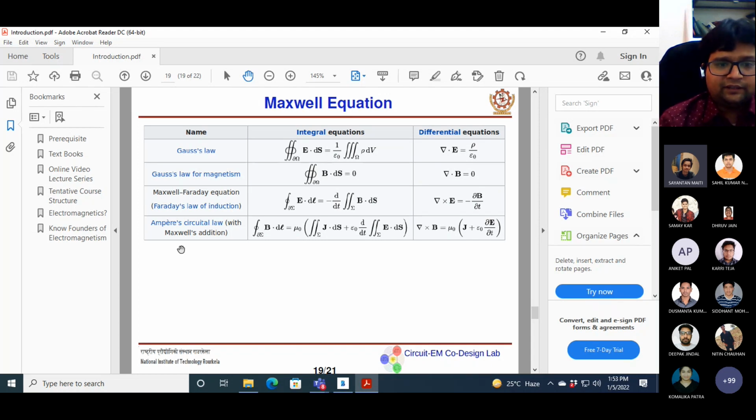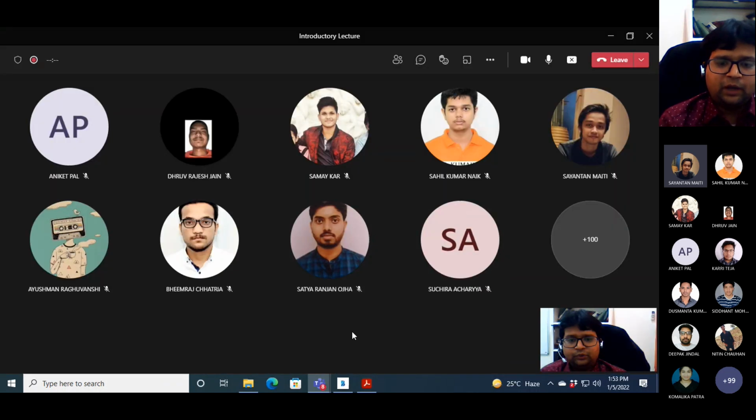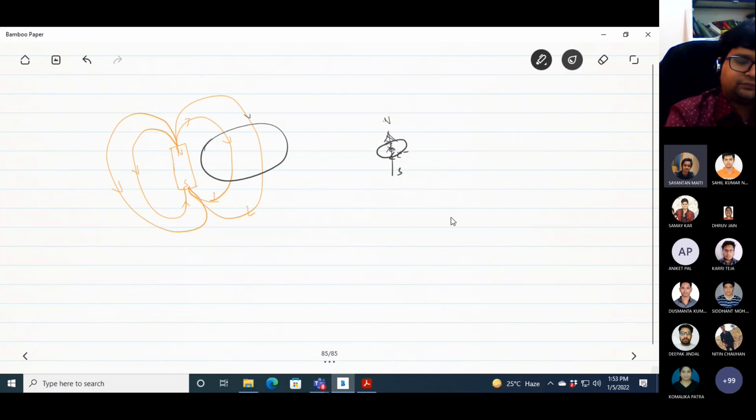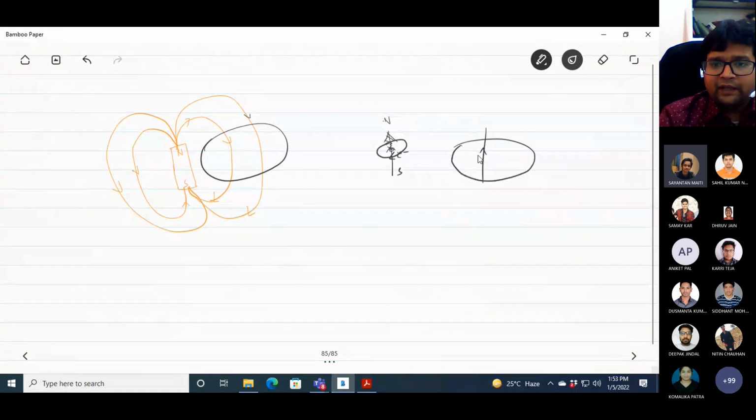Next is Ampere's circuital law. Originally Ampere proposed that if you have a current element, which means movement of electrons, since current is basically movement of electrons, then you will have a magnetic field surrounding it, based on the right hand rule.